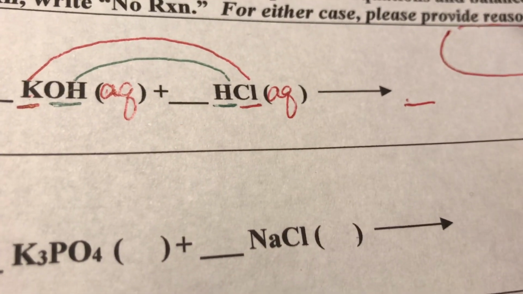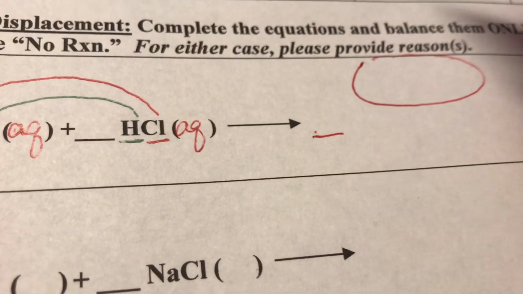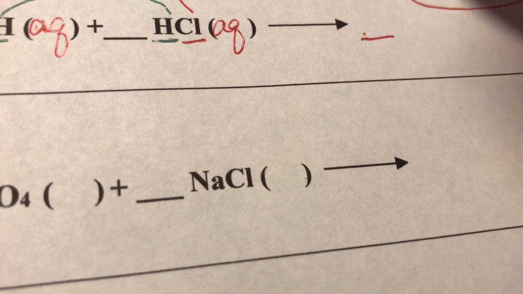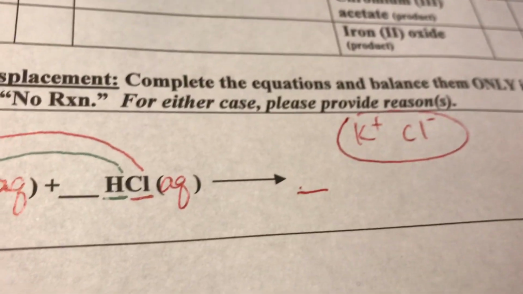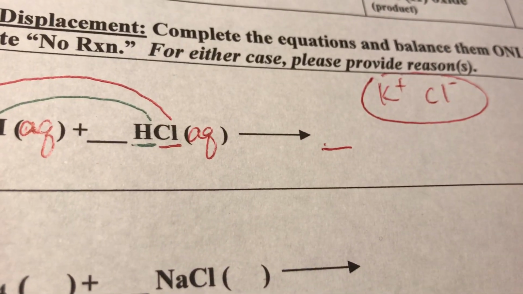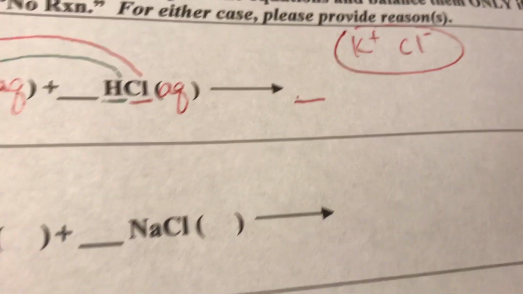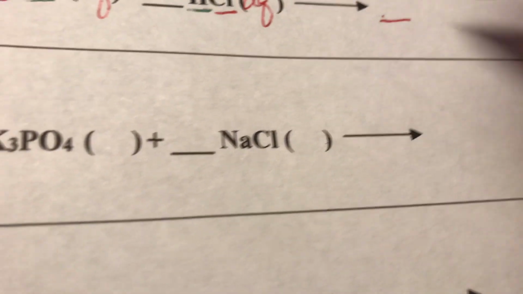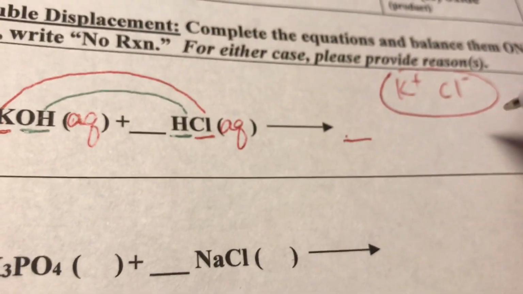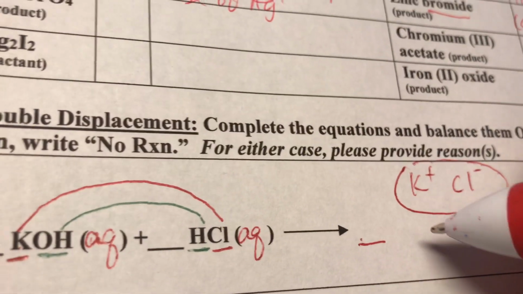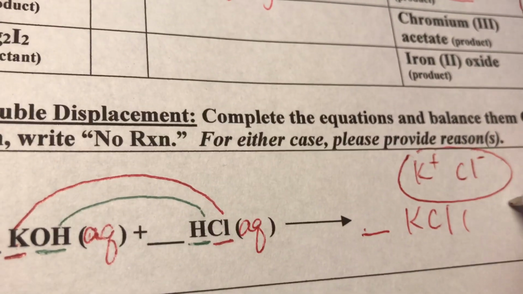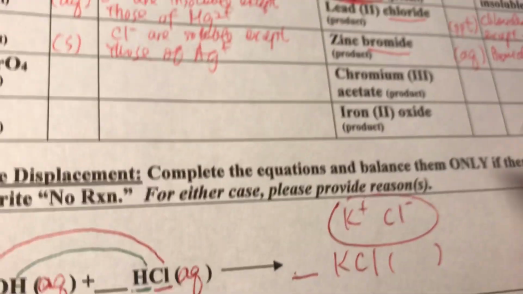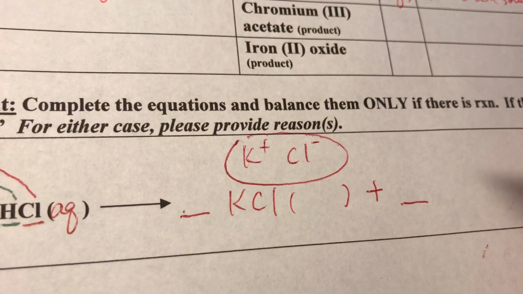Always positive first. So K plus, Cl minus. You can't write Cl minus and K plus, because it's always positive first and negative next. K plus and Cl minus cross over, and I get KCl.